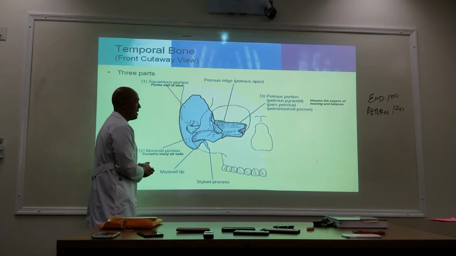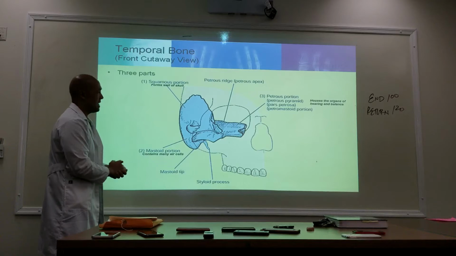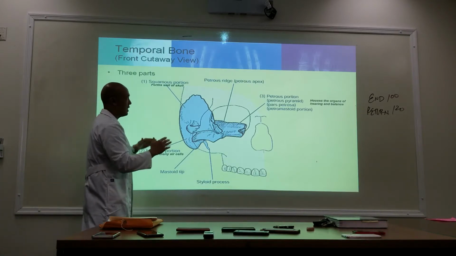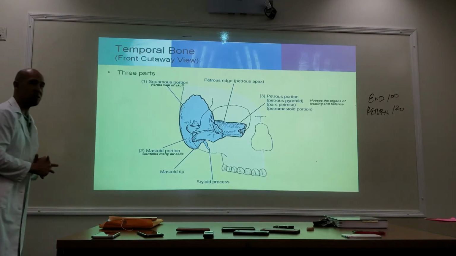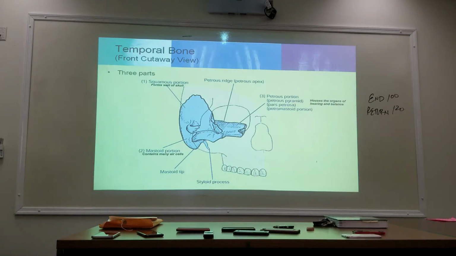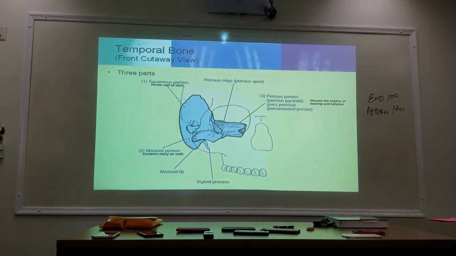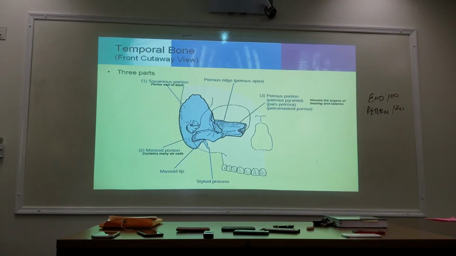On the very superior part of this portion is a jagged edge, and we call that the petrous ridge, that we use in critiquing and analyzing our images to make sure that we have the proper position. So we look at these petrous ridges in a majority of our skull studies.